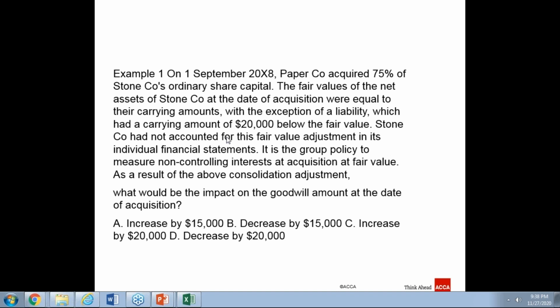Answer is D. What C? At depreciation of the plant, where is the plant in this question?